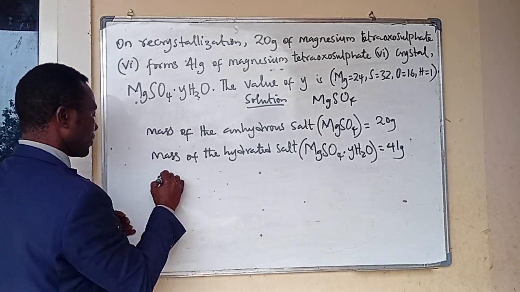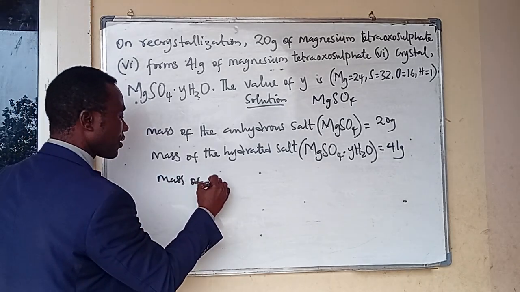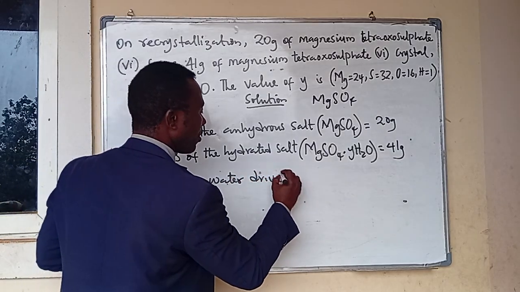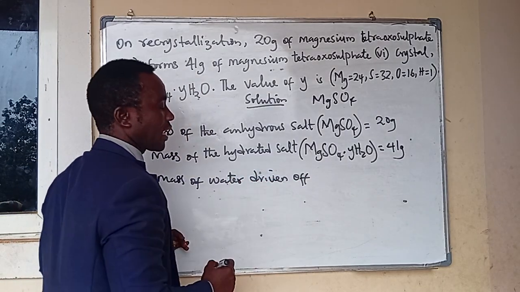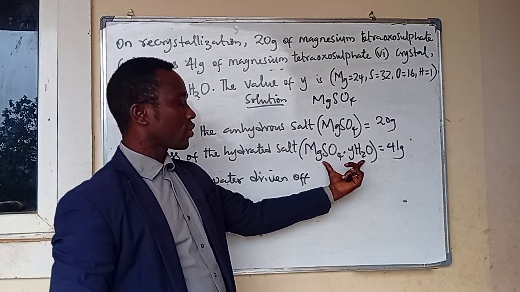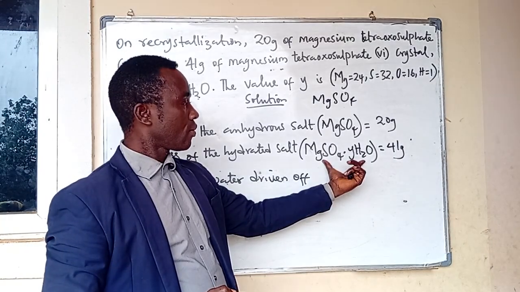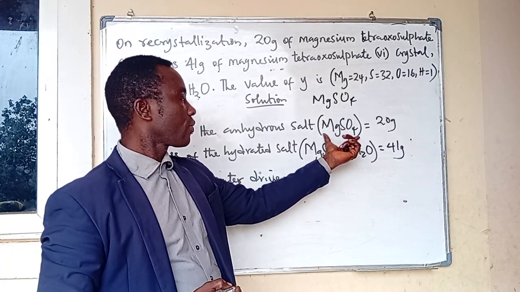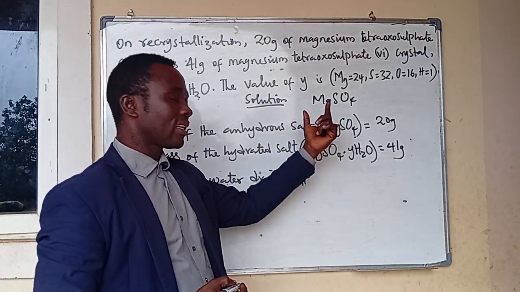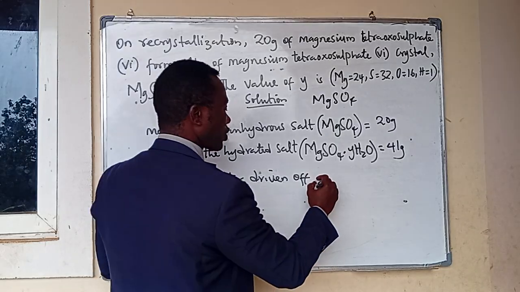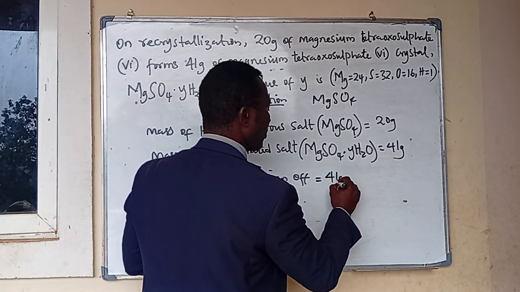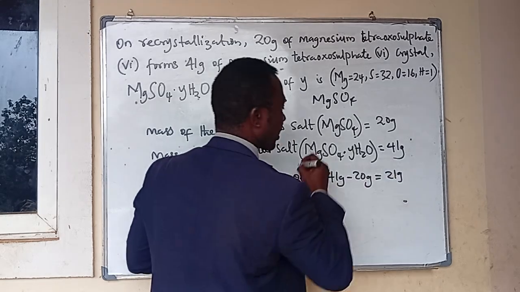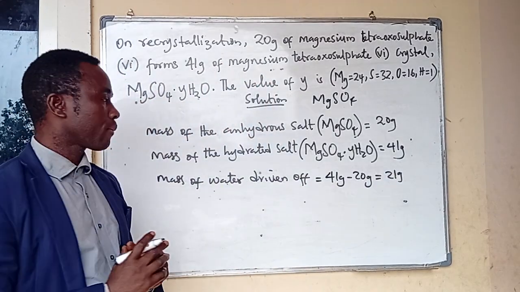The mass of water driven off, assuming we want to drive this water away so that it remains the anhydrous salt, when this is heated will be 41 gram minus 20 gram, and that should give us 21 gram. That will be the mass of water.